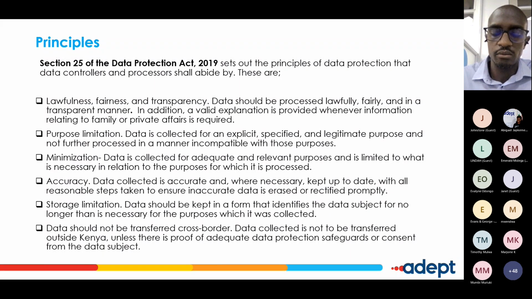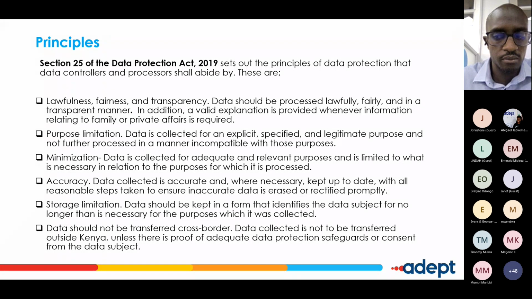So one is to duly fill an application form generated from the website of the Data Protection Commissioner's Office. Two is to pay the prescribed fees. And when you log into the website, you're able to see where your company falls. There are parameters that determine how much money a company should pay, depending on two things: the annual turnover and the number of employees within that company.